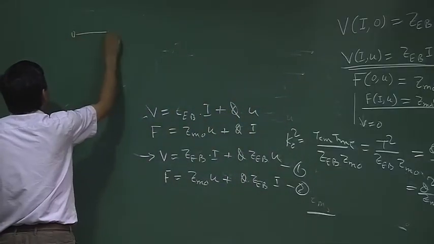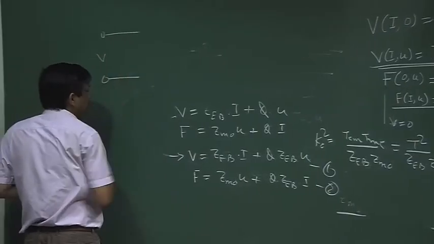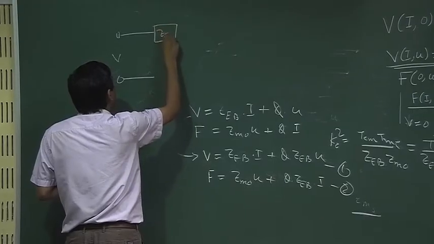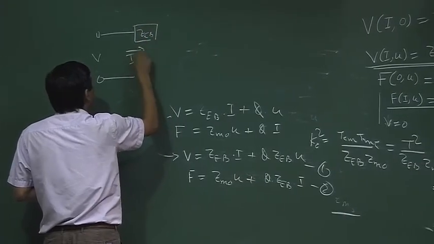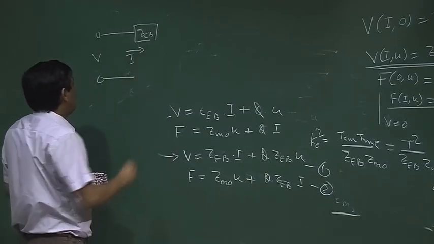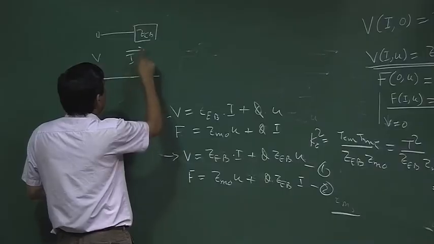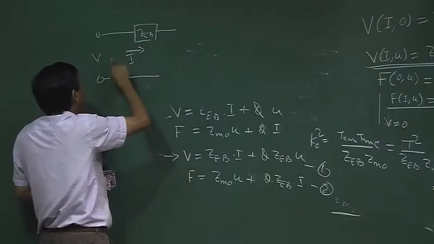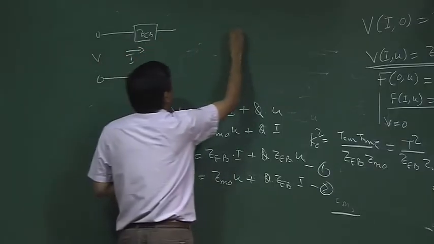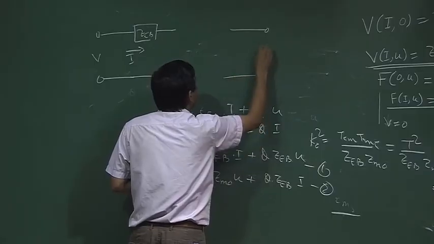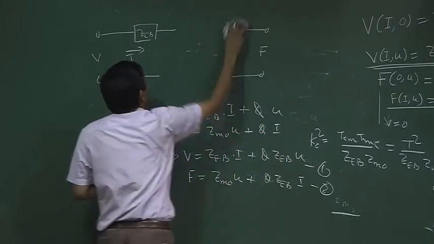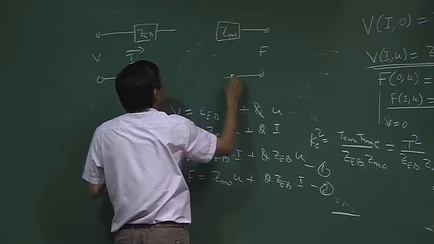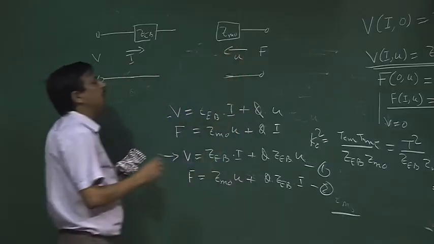I have an electrical side where I have an applied voltage V. There is an impedance ZdV, and the current I is flowing. Now on this side I have a mechanical force and an impedance ZMO, and the particle velocity U is flowing.